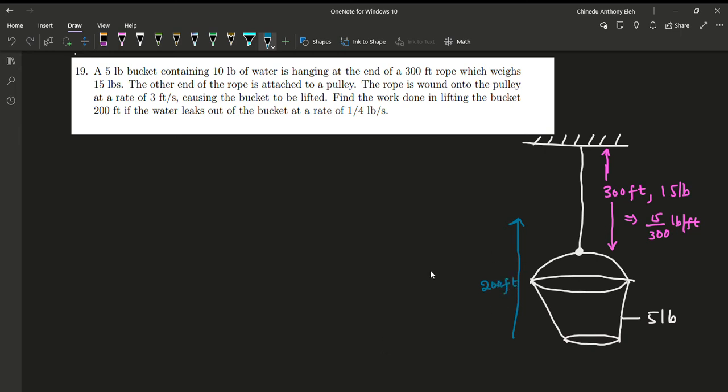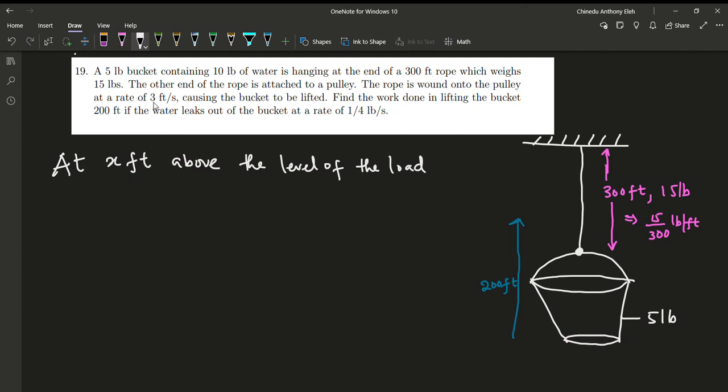Okay, so like in the previous problem, what we'll do is to take a little height at x feet above the level of the load, which is when no work has been done.